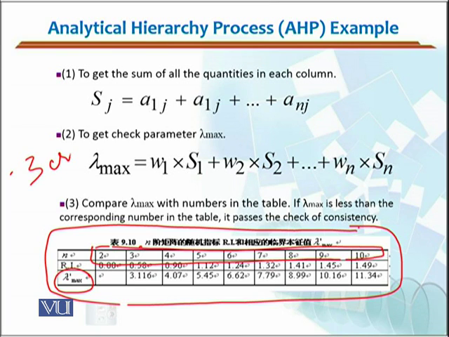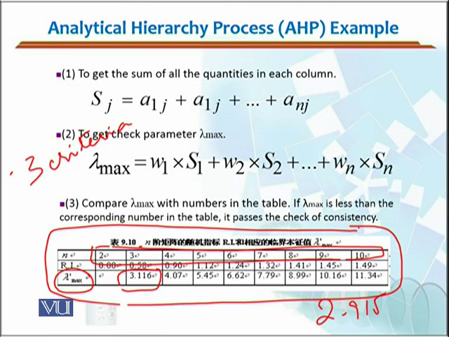So with three criteria, the value of lambda max should be less than 3.116. In our case, it was 2.915. So if it is less than 3.116 with three criteria, we would say that the weights are consistent. So the consistency is actually checked.